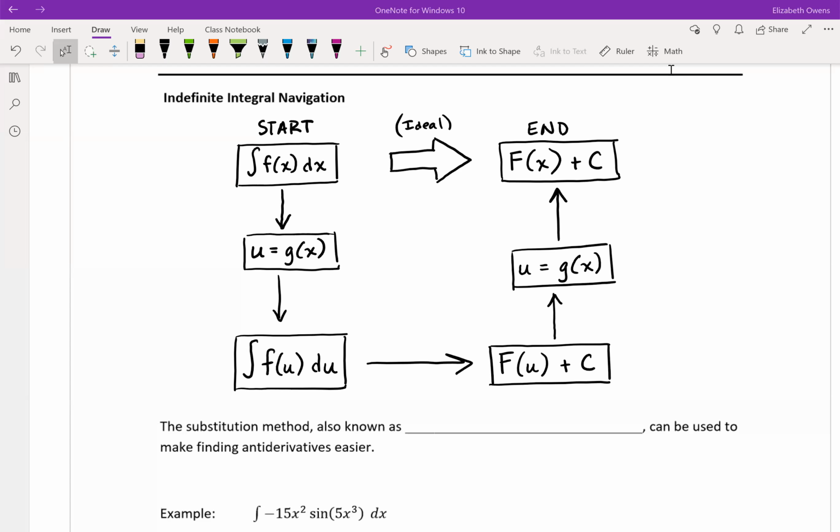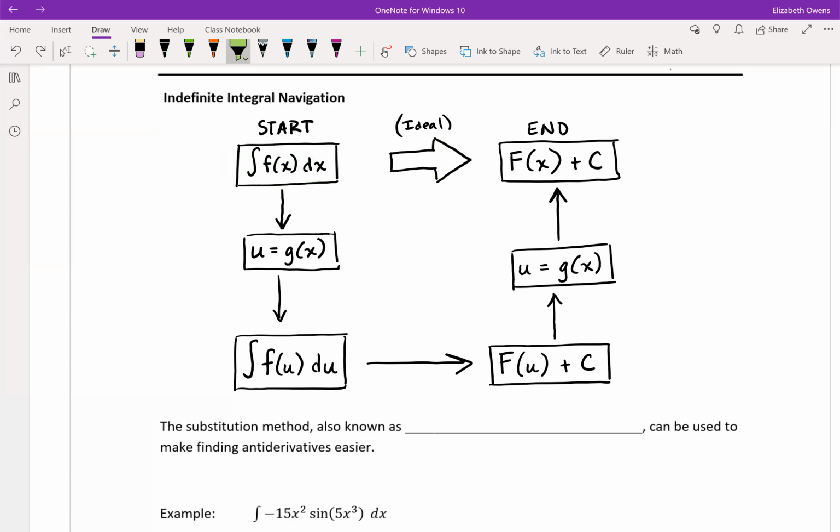Okay, we are here in section 5.5, and we just got this handy roadmap for navigating indefinite integrals with the u-substitution method. The idea here was that you'll start with an indefinite integral of f of x dx, and ideally, you would know its antiderivative off the bat, and you would just take that antiderivative and end up here at capital F of x plus c.